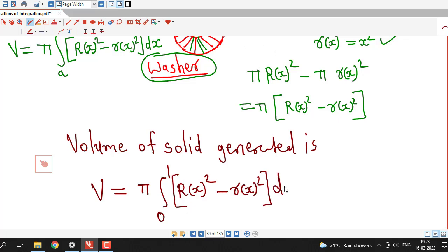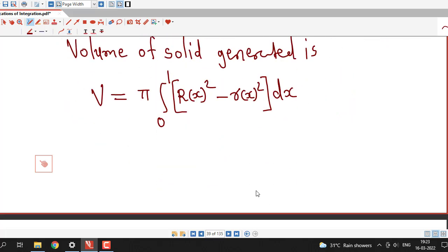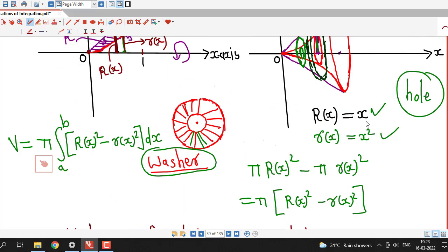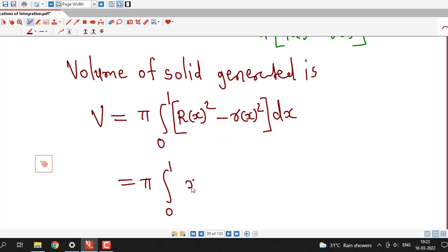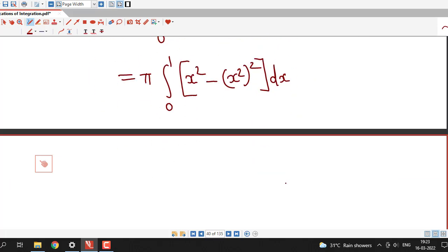The integral is with respect to x. This is equal to pi times the integral from 0 to 1. Outer radius is x, so we have x square minus the square of x square, or we can write one more step, x square minus x square square. The integral is with respect to x.